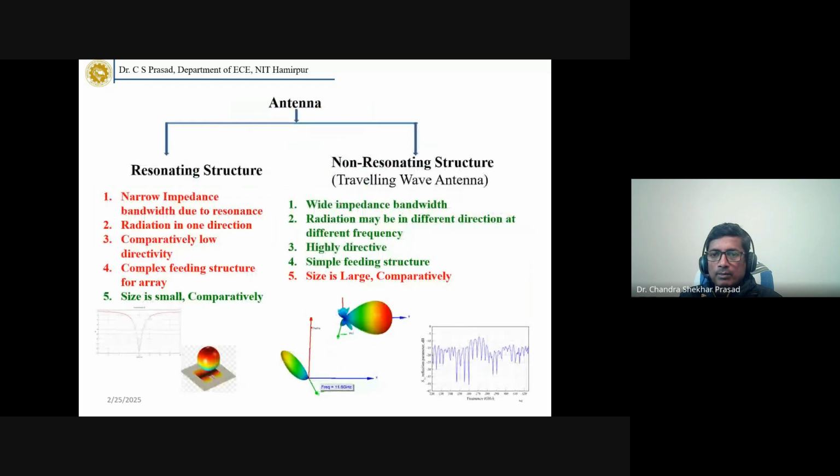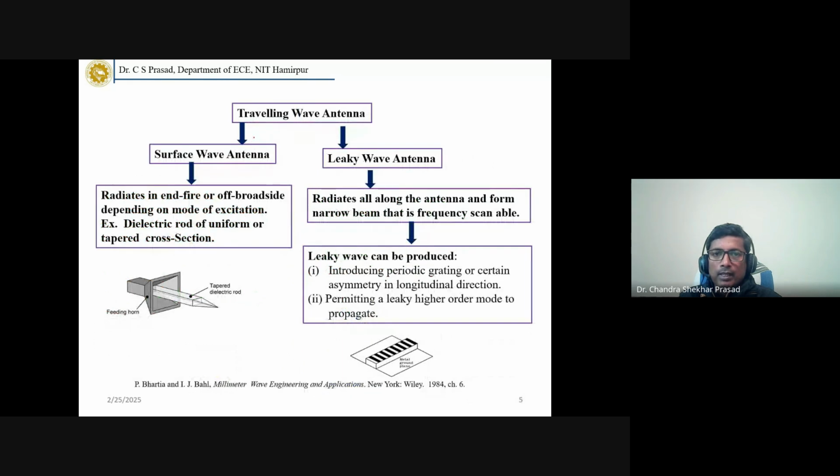With this, I will come to the non-resonating part, that is the traveling wave. We call this non-resonating part the traveling wave structure. Here again, we can divide traveling wave antennas into two parts. One is called surface wave antenna and one is called leaky wave antenna. In a surface wave antenna, the wave propagates over the structure and radiates at the end.